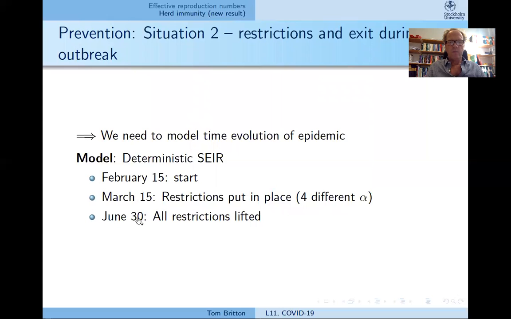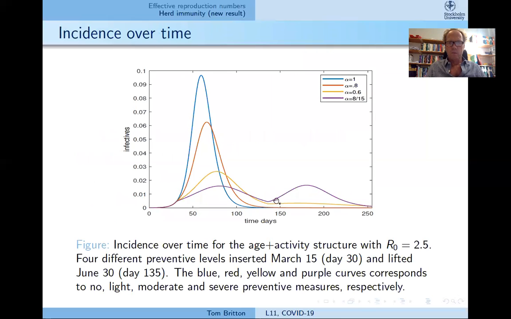June 30 we lift restrictions, and that is 3.5 months later. So we see that is here, and it is around 135 days. If we have fairly strong restrictions, we see we have a smaller outbreak, and then when restrictions are lifted, we don't have a second wave, but at least it is prolonged before it starts dying out.